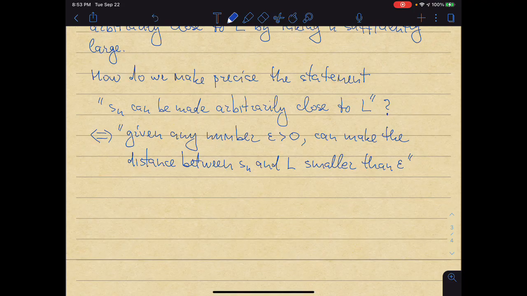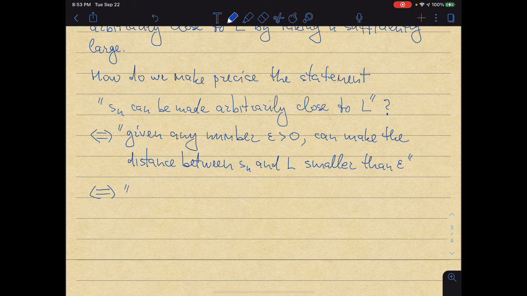Okay, so how do we compute the distance between two numbers? Referring to a few lectures back, what's the distance between two real numbers? It's the absolute value of the difference between these two numbers.